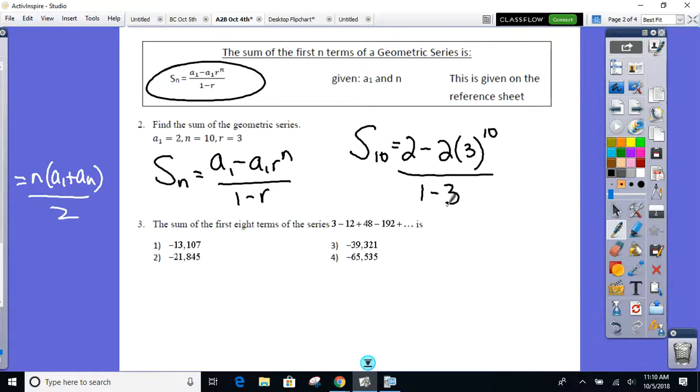You guys that have fraction templates, I'd highly recommend putting all that into your fraction template. Just don't try to do piece by piece, because that's usually when you go wrong somewhere. All right, try to put it all in the same fraction template right now.